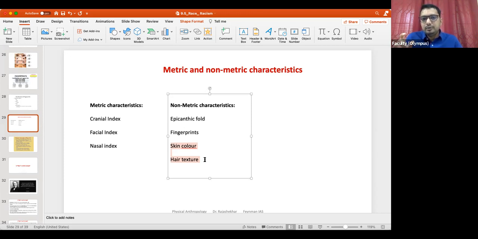So race is used to refer to a species, or sometimes to language, like the English race. Or sometimes it is used to differentiate continental people living in different geographical areas, like the African race or American race. So race took different meanings over a period of time.